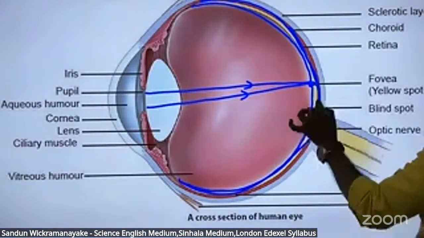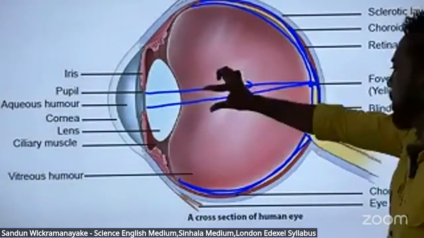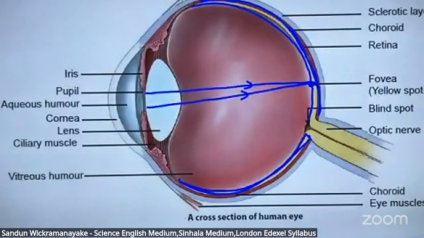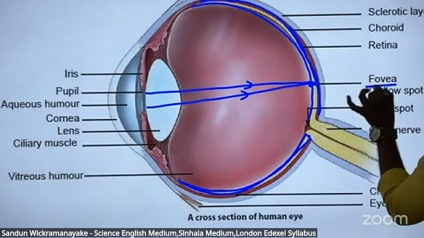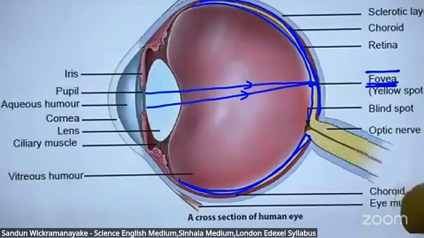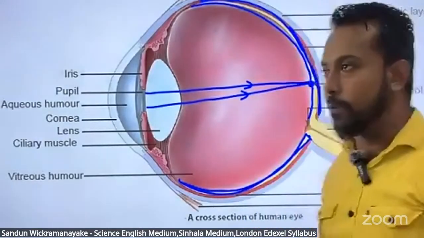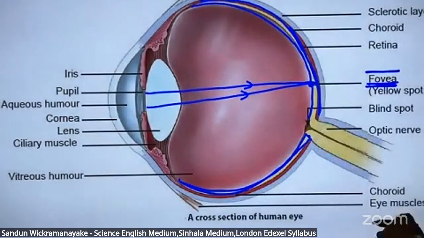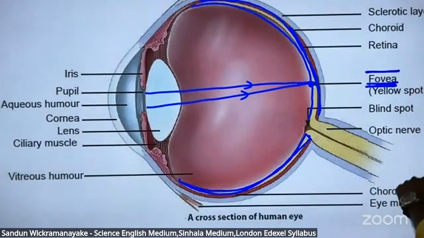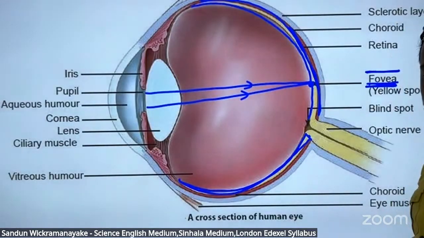The most of the light rays come to this place. That spot is known as the yellow spot or fovea, right? We call it the fovea or yellow spot. Okay. You can observe it next week, okay?